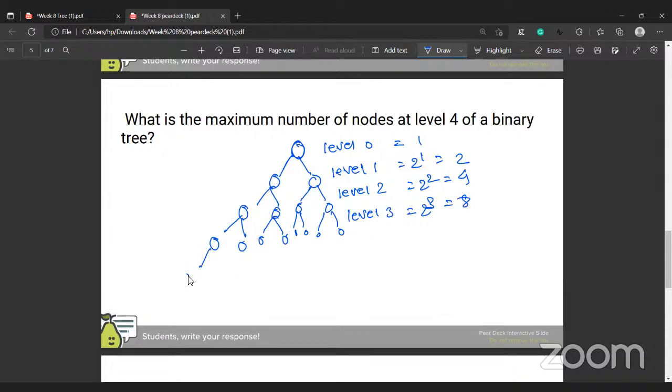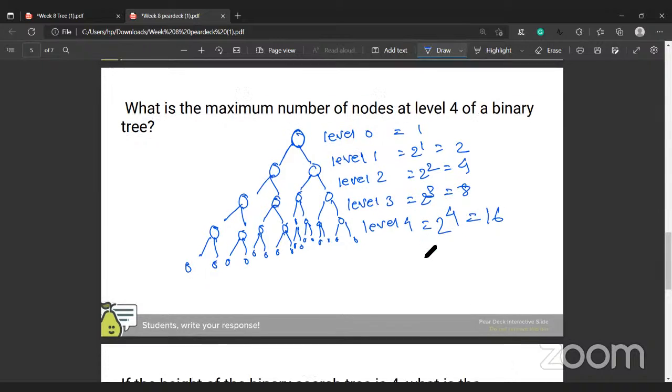At level 4, maximum possible 2 to the power 4 equal to 16. So 16 is the right answer.